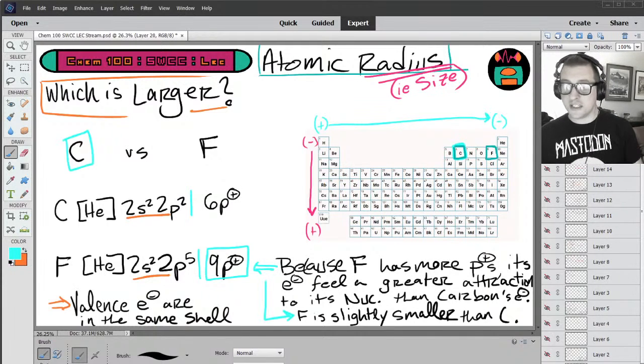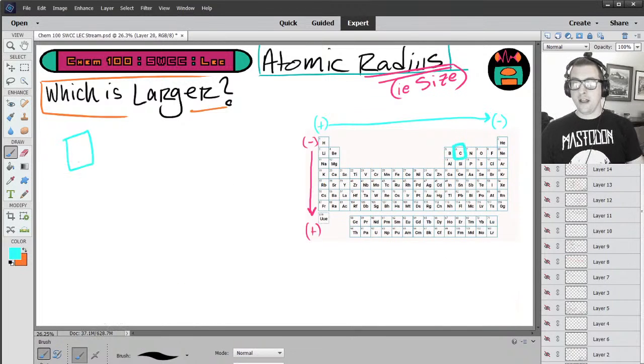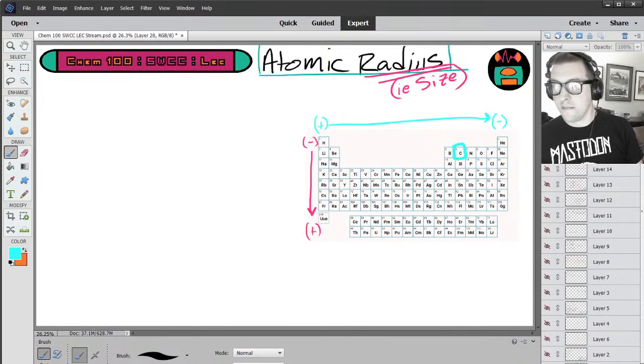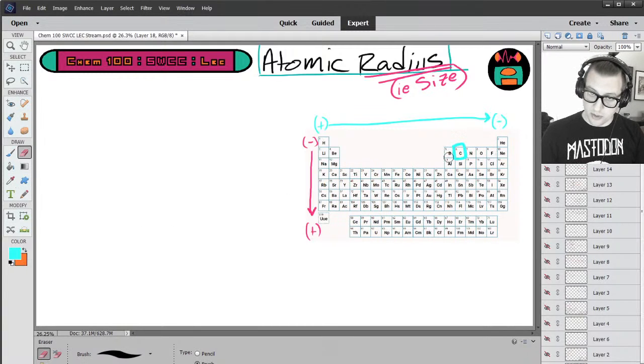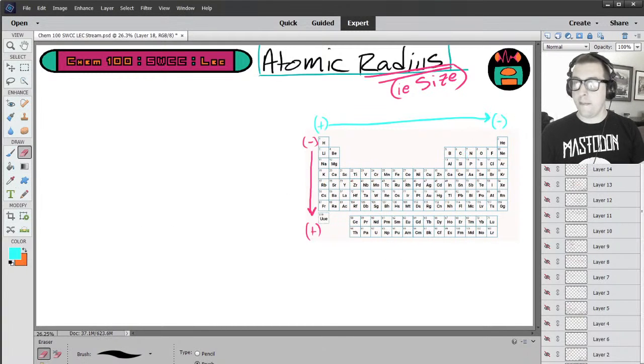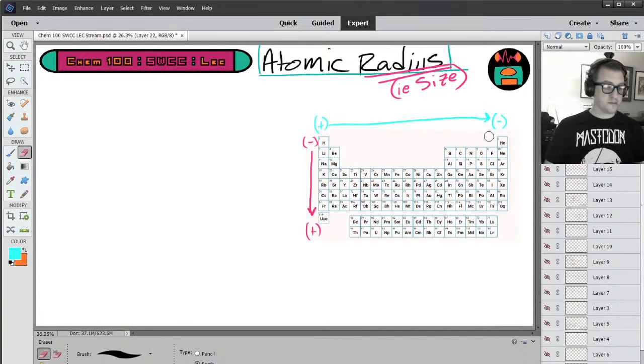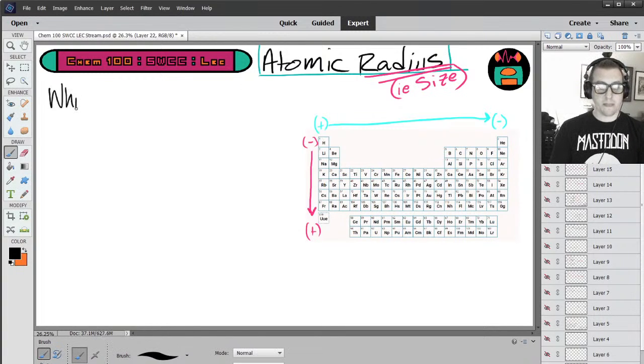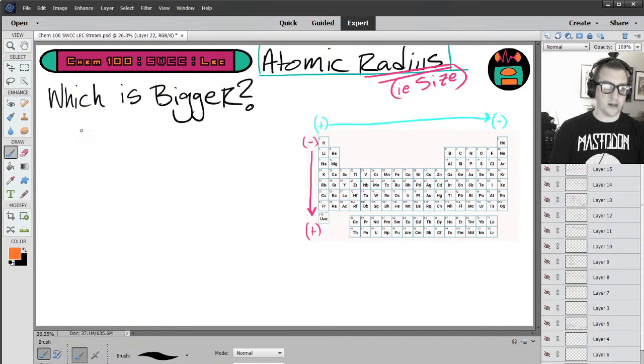All right, so let's do some examples now that you can handle any 2 elements on the periodic table. You know everything there is to know about atomic radius. All right. So we're going to play the which is bigger game.